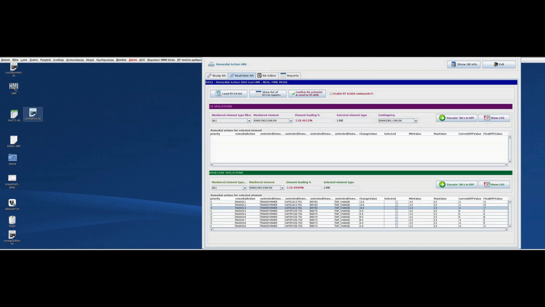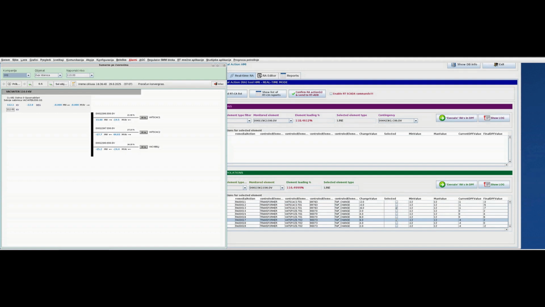So the dispatchers are checking the 2 transformers that they decided to change the tap positions on, and then they are sending the command to execute another power flow to validate their decisions.